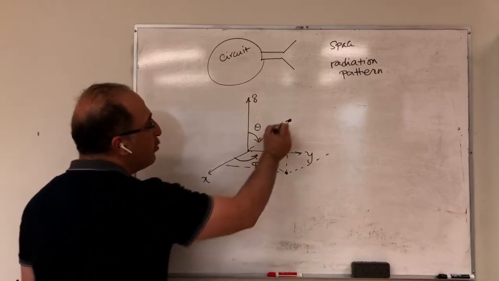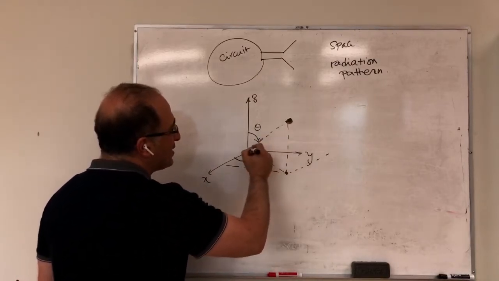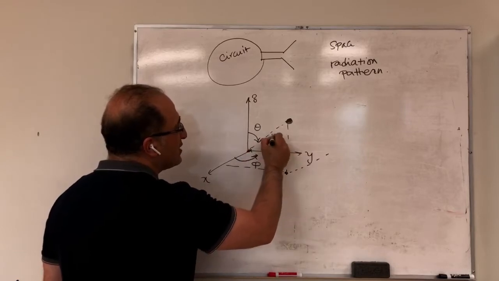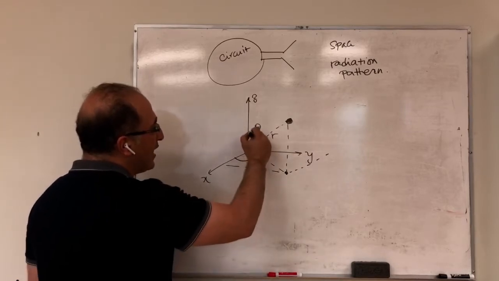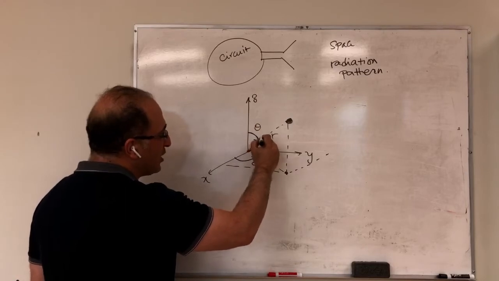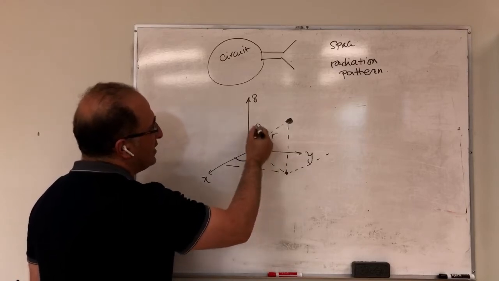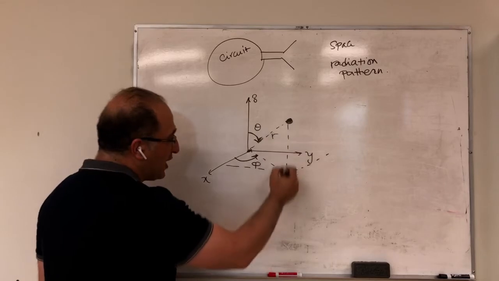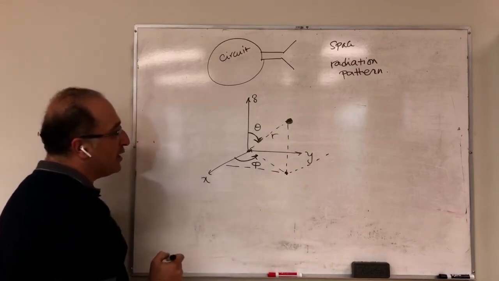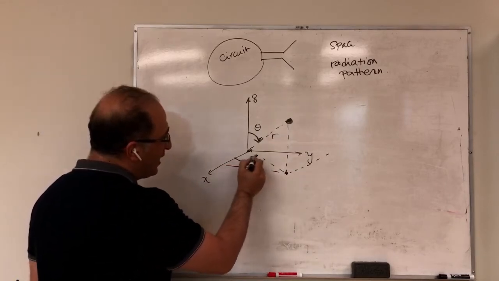So this point in space has a certain distance from the origin. This is r, and then this angle, which is my separation from the z-axis, is theta, and if I project it onto the xy plane, then the angle from the x-axis is phi.